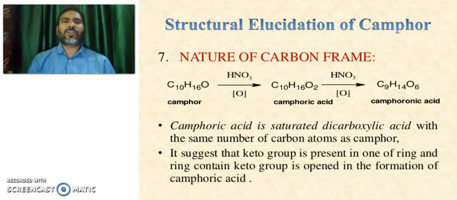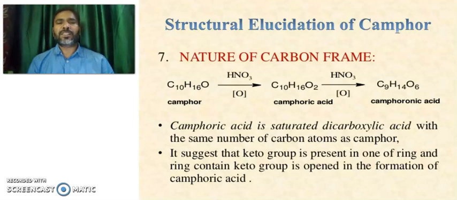Now friend, nature of carbon frame. Camphor reacts with nitric acid to give camphoric acid, and then further oxidation gives camphoronic acid. Camphoric acid is a saturated dicarboxylic acid with the same number of carbon atoms as camphor. It suggests that the keto group is present in one of the rings and the ring containing the keto group is opened in the formation of camphoric acid.